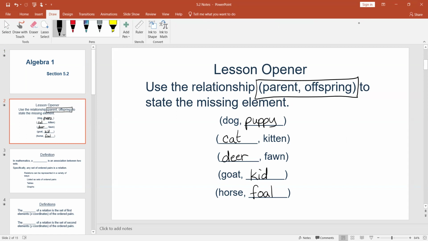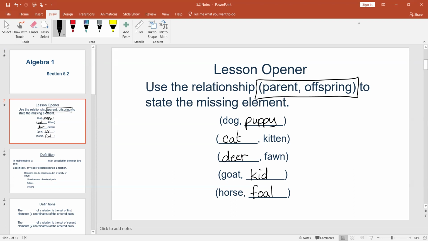And so looking at this, and I'm going to talk about this more later, you'll notice that the breed, species, the type of animal that your X is determines what kind of offspring you're going to have. So X is independent. Your offspring does not determine what the parent is, obviously, because the parent comes first, right?